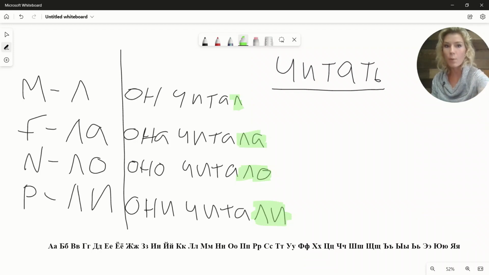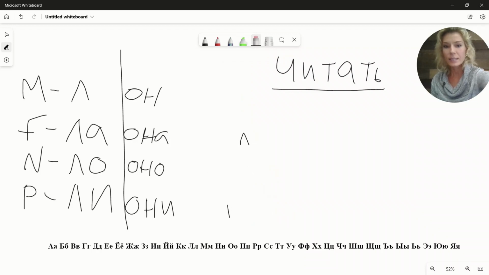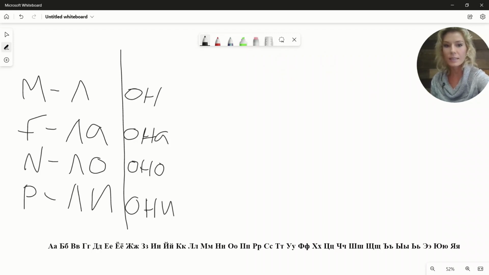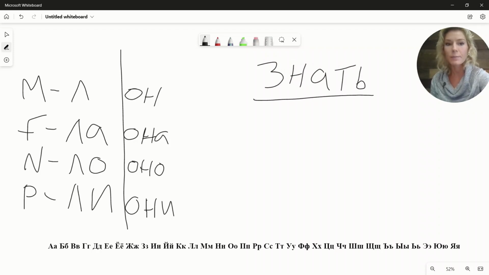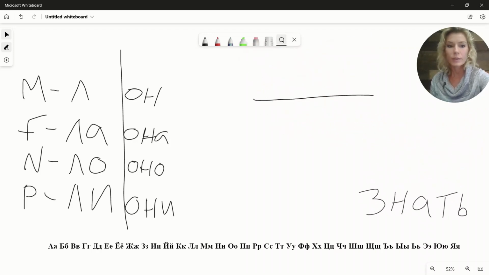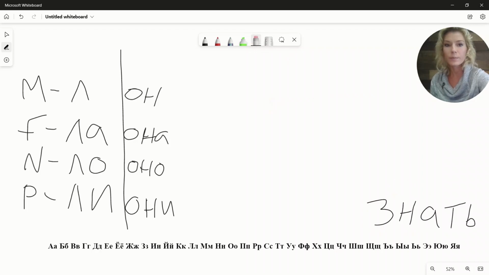Let's practice one more. Let's erase this, and we're going to use this word, znat. Like this. Znat. It means to know. Just gonna grab this, move it a little somewhere else so we have room. Okay, znat.